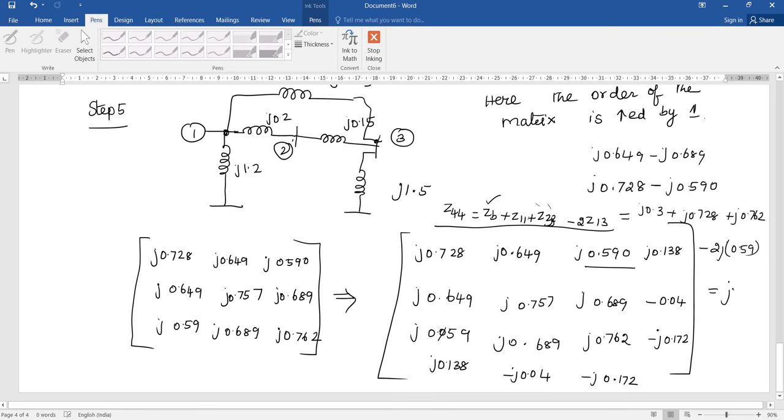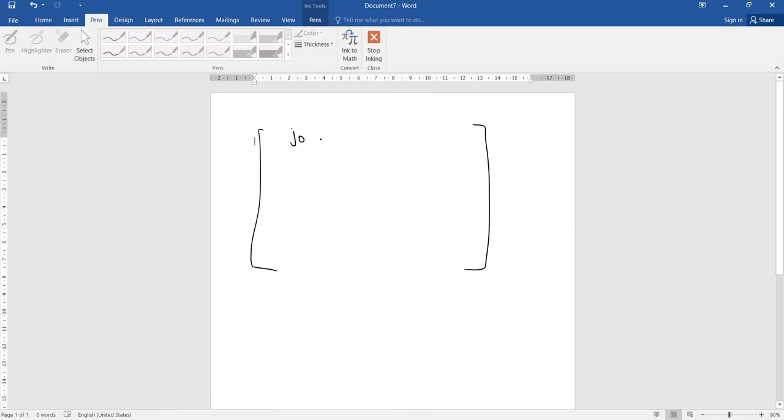The answer may be J 0.61. So the matrix: J 0.728, J 0.649, J 0.590, J 0.138.